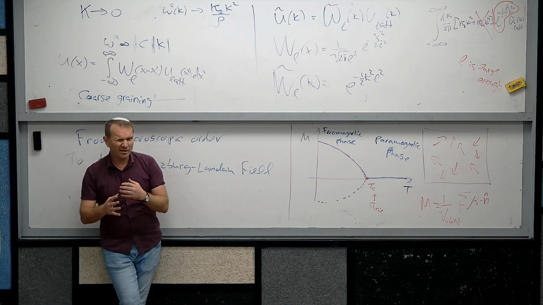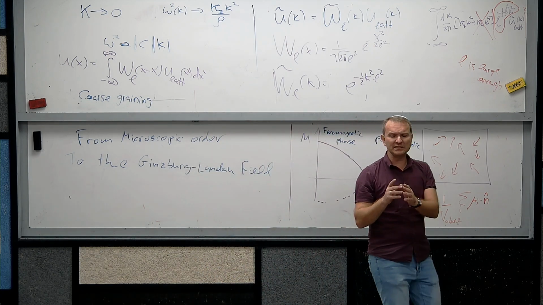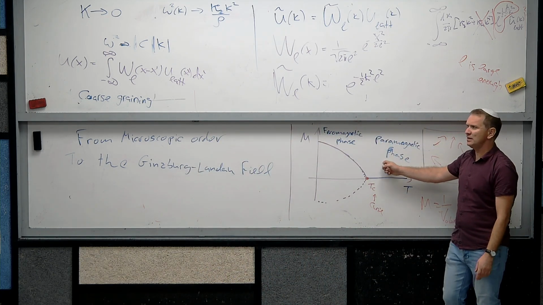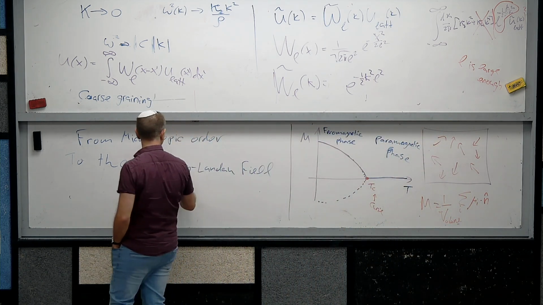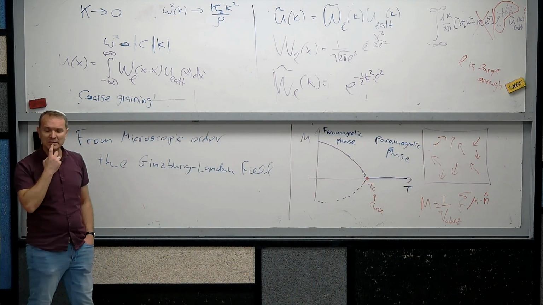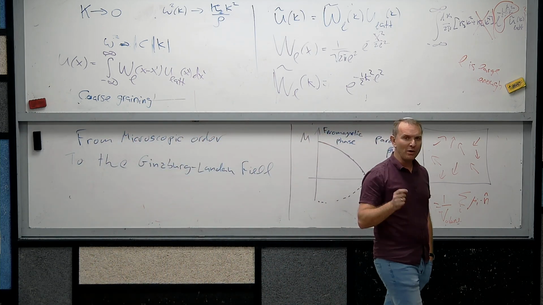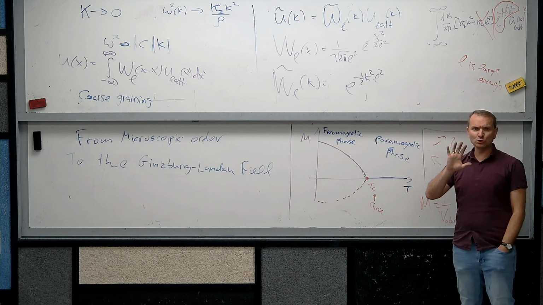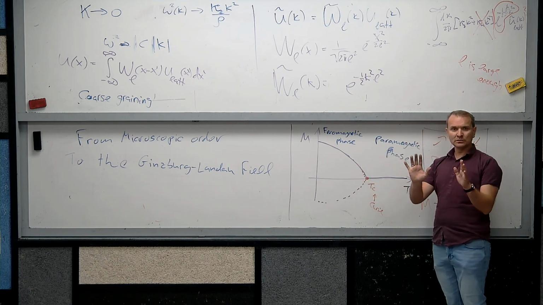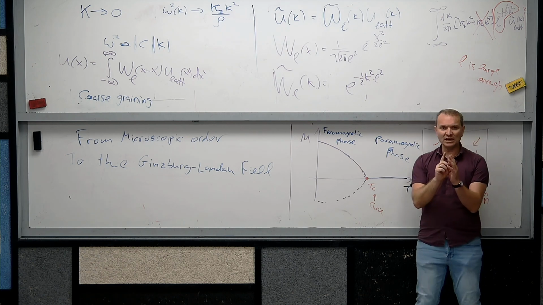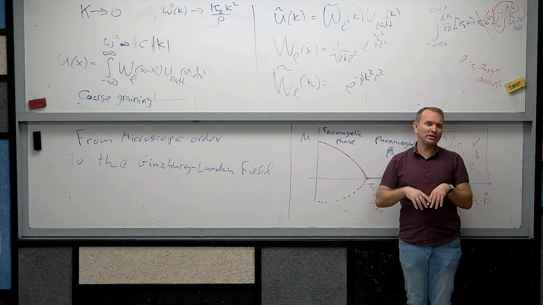So I can do something with specific types of models like the Ising model and study this transition from paramagnetic to ferromagnetic. But the idea of Ginzburg and Landau was, I don't really want to go in this direction. What I want to do is perform some sort of coarse-graining, because the order of this magnetization is not just two spins pointing in the same direction while everybody else points in other directions.